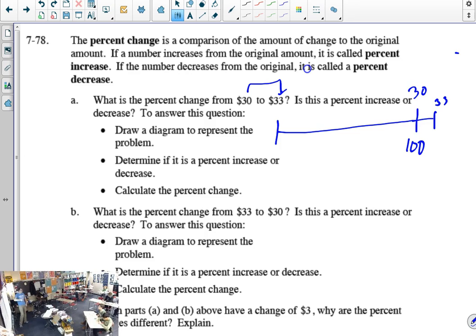What's your denominator here in figuring out the percent increase? We increased 3 from 30, right? So we went up by 3 compared to 30. That's a tenth, which is 10%.